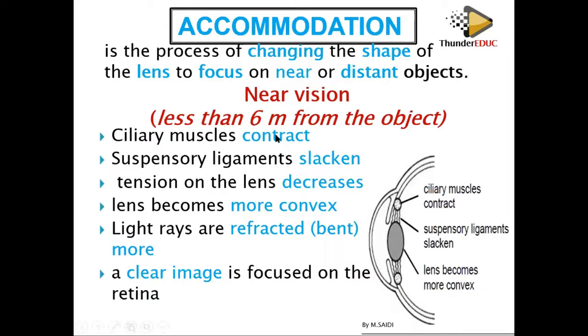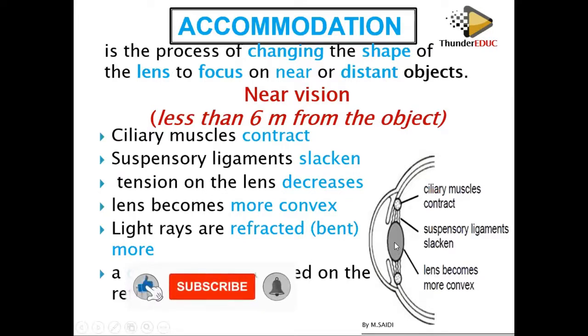So when you're explaining this, how do I know that the suspensory ligament must relax or slacken and the ciliary muscles must contract? If you are viewing an object which is near, then the lens must become big. A near object looks big, therefore the lens must be big enough to bend the light from this object.